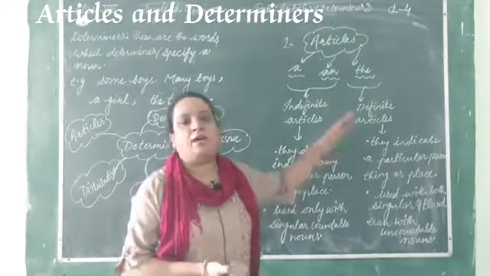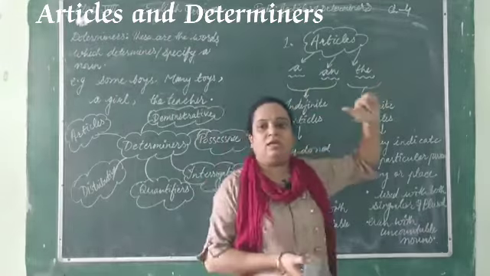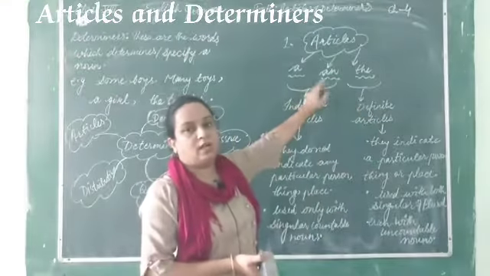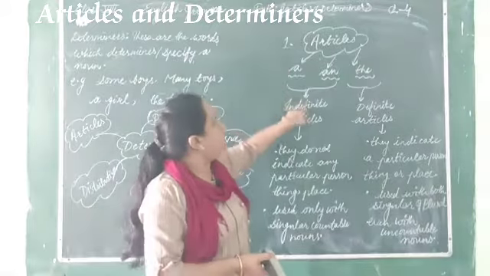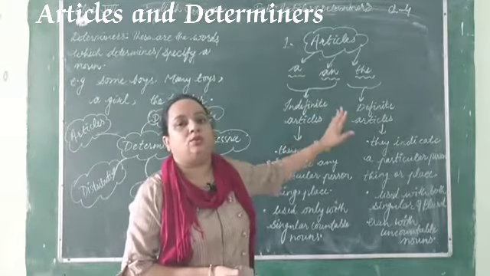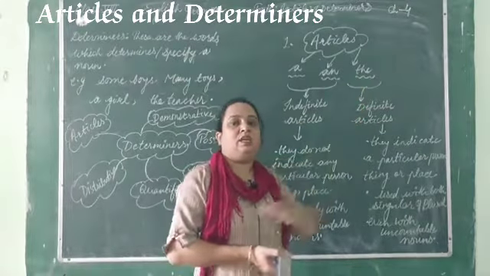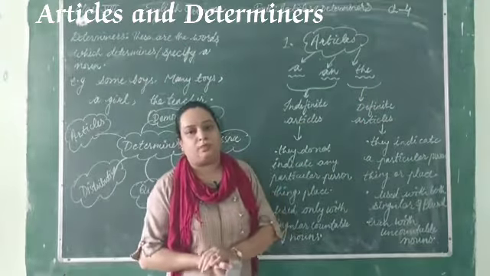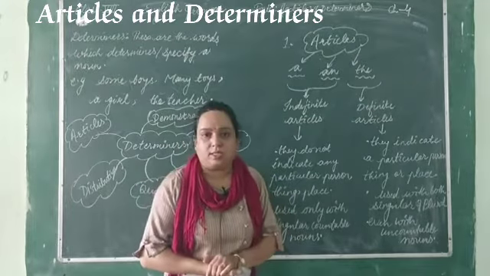So here we have to take care of vowel sounds and consonant sounds. In indefinite articles we have to take care of vowel sounds and consonant sounds, and the, which is a definite article, we can use with particular or proper nouns, right?